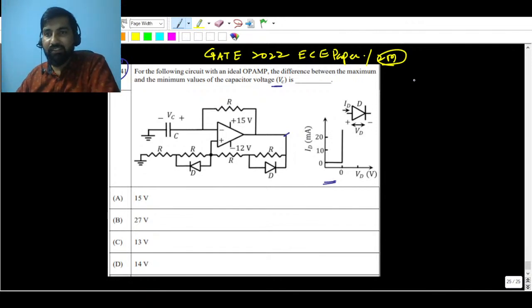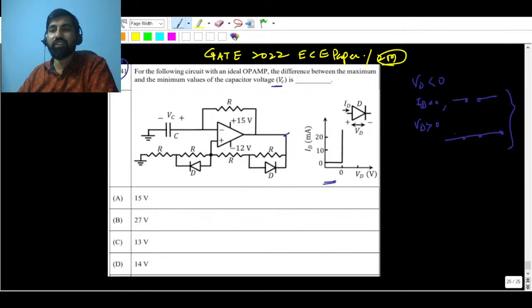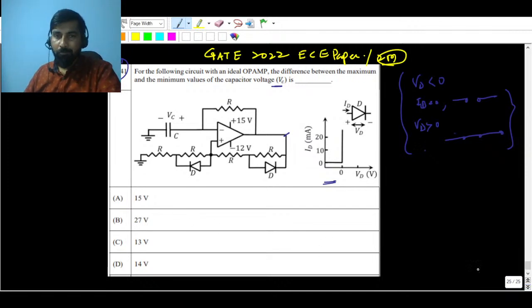If VD is less than 0, your diode is going to be off, so you have to remove the diode, and your ID is going to be 0. So remove the diode as an open circuit. If VD is greater than or equal to 0, your diode status will be short circuited, nothing else. Let me draw the circuit and start applying.